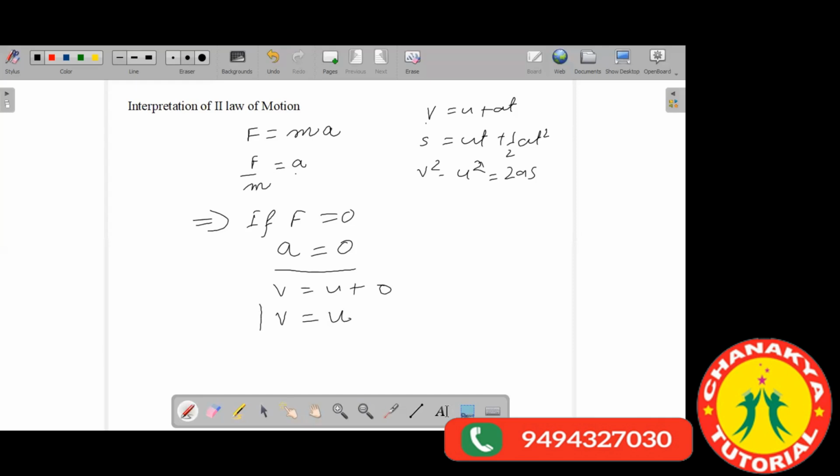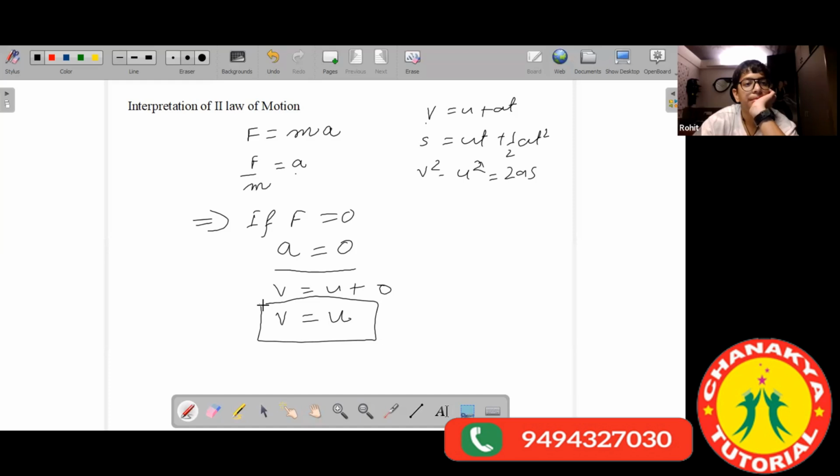So can I say that initial velocity will be the same as the final velocity if the force is 0? Yes.